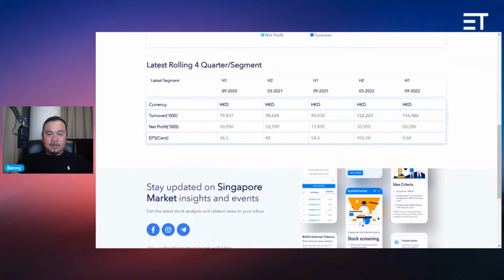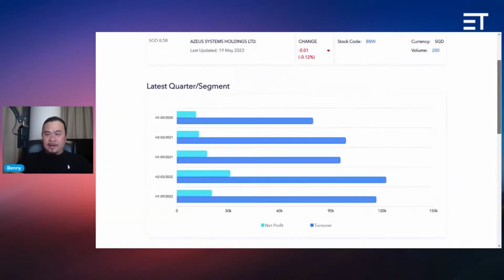You can see from the first quarter in September 2020, the turnover was 79, profit was 10. But now if you look at the 2022 first half, turnover has gone up about 30%, but net profit has gone up almost doubled. Okay, so we are seeing again strong performance in the short term over the past few years as compared to the earlier years.